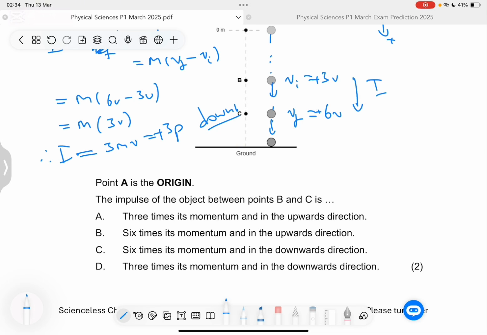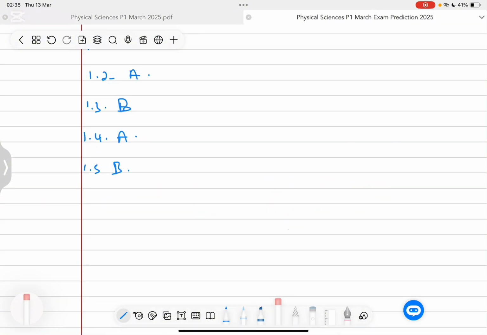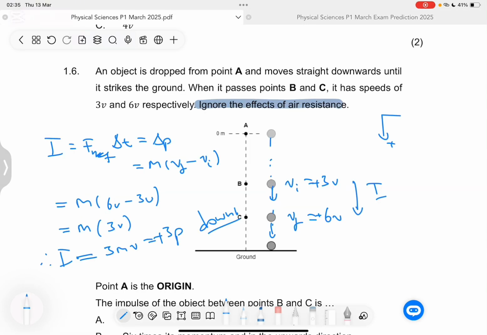Our impulse should go in the downward direction. It should be a vector that goes vertically downwards. It cannot be 6 times, so these two are out. We're saying here 3 times its momentum and in the downward direction. So that is our correct answer. So for 1.6, our answer is D.